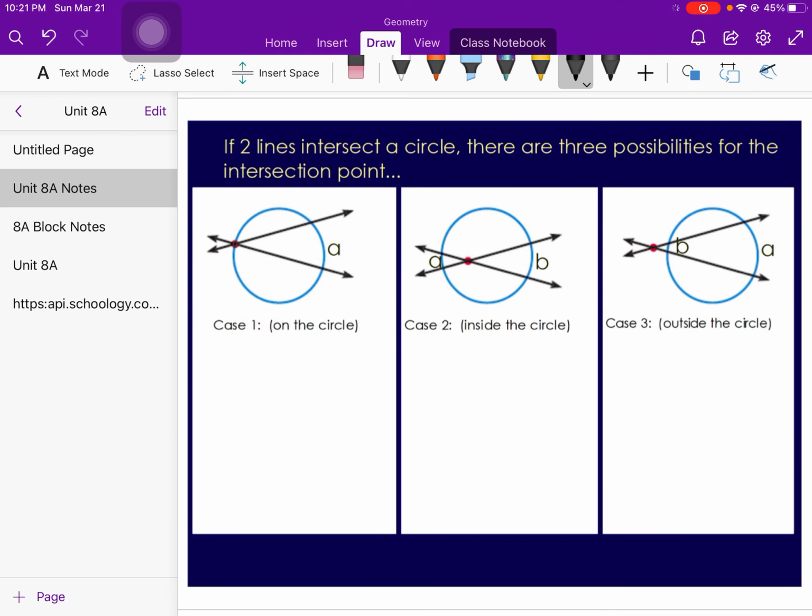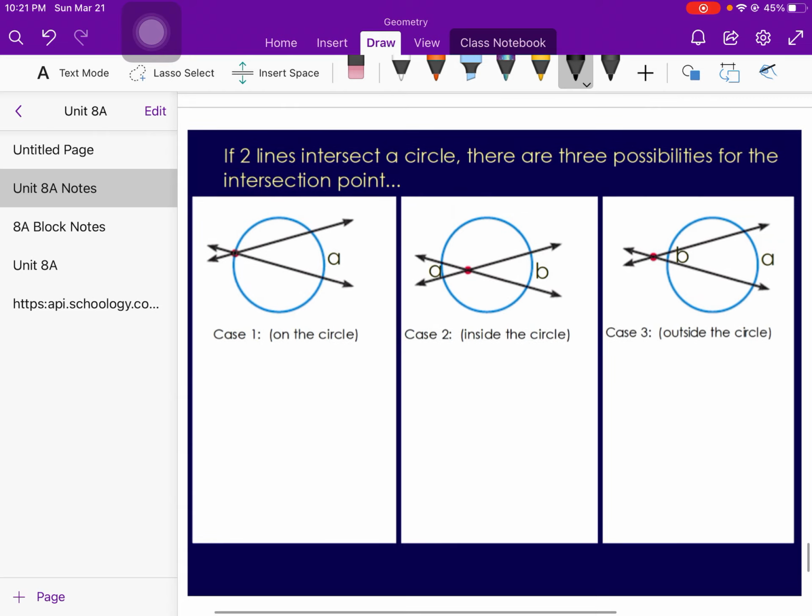The next part, and this is the big thing because this is where we're going to get all the formulas: if 2 lines intersect a circle, there are 3 possibilities for the intersection point. So case 1 is if it's on the circle. Now notice, if it's directly on the circle, what we get is an inscribed angle and its intercepted arc.